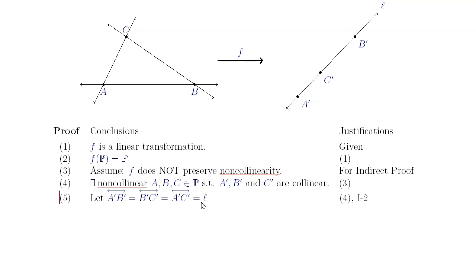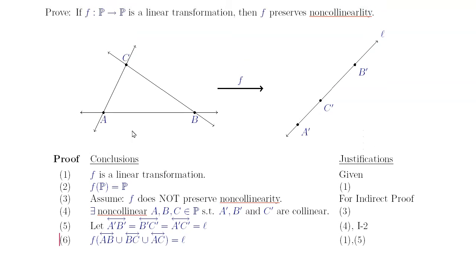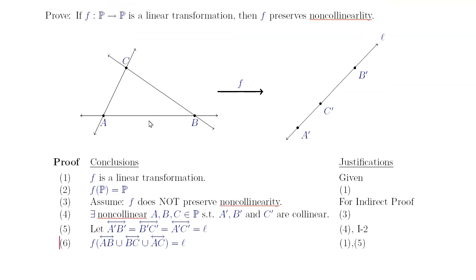Let's call that the common line L. Which means that all three lines AB, BC, and AC are mapped to the same line L. So we now at least know that all three lines are mapped to a single line L.